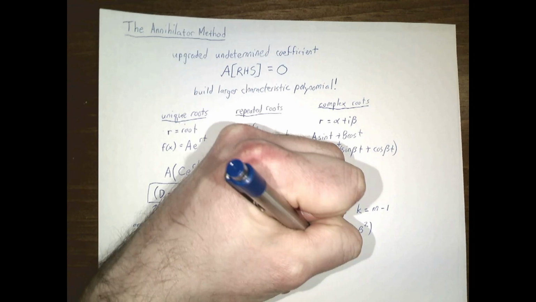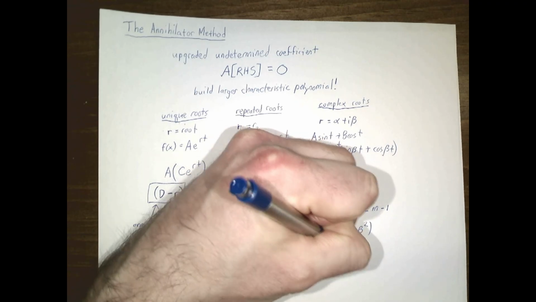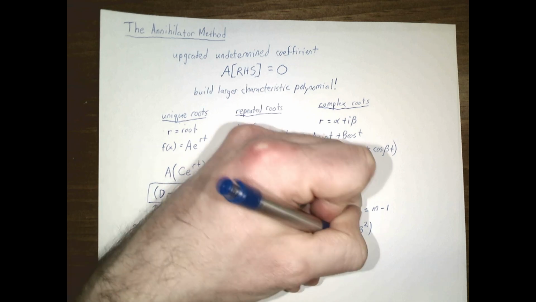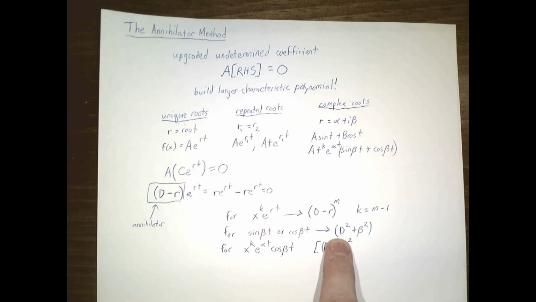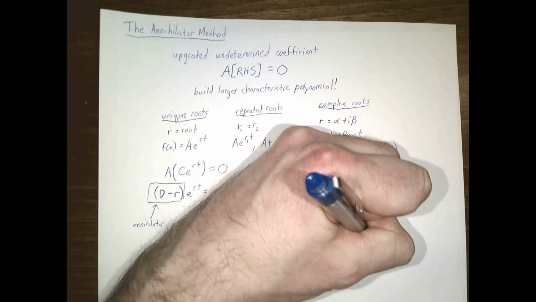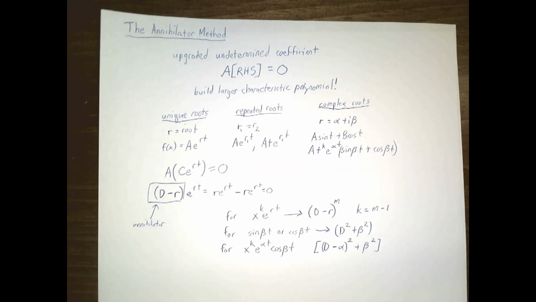We're going to take our root d minus alpha. That's the real part of the complex root there. We're going to square that. So we kind of shift the d here for the cosine over by the real part of the complex root, and then we add that beta squared there.